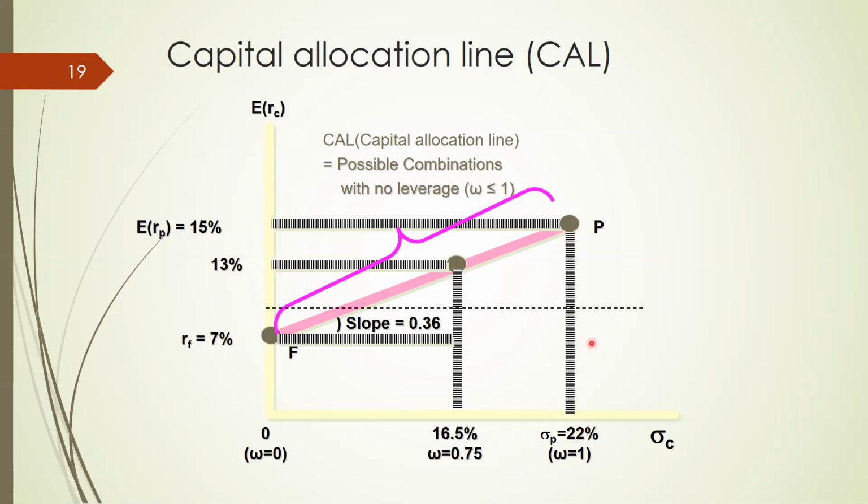And the slope will always be equal to the Sharpe ratio of the risky asset. In this case, it will be equal to 0.36. So the higher the return, the higher the risk, and the risk and return trade-off remains constant across all allocations.